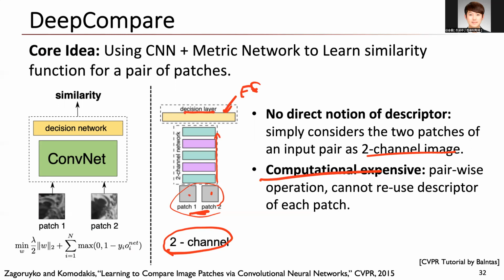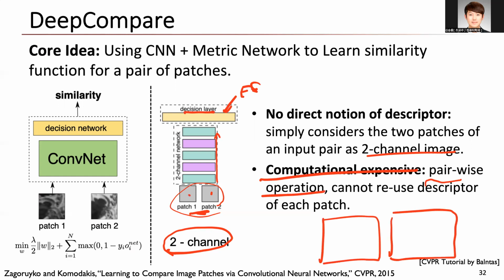And maybe this is computationally expensive. Pairwise separation cannot use the descriptor of each patch. It means that if we have two images and there are n by m patches, then this network requires n by m feed forward processes to find the correspondences. So this is one of the examples.